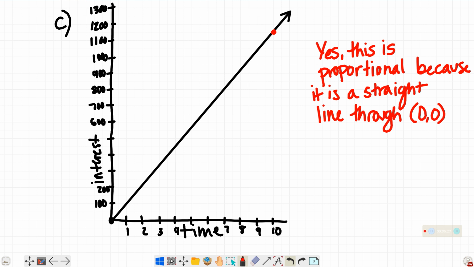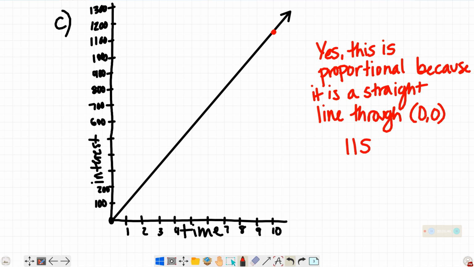It also asked what the constant of proportionality was. For 1,150 in 10 years, if you were to divide to find that constant, you would get 115. You're dividing, so you lose that 0.